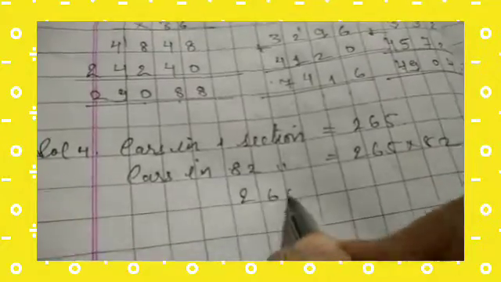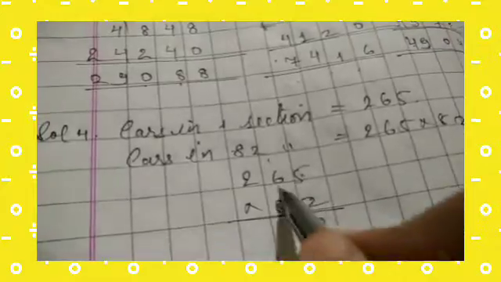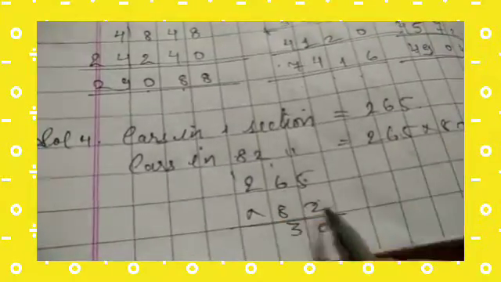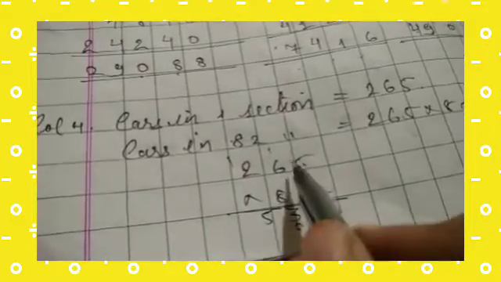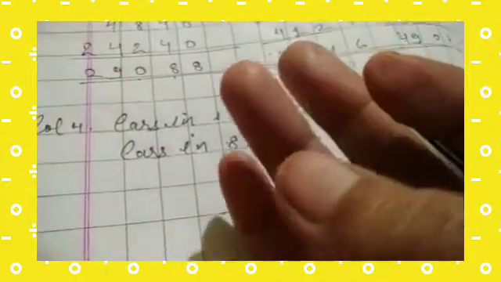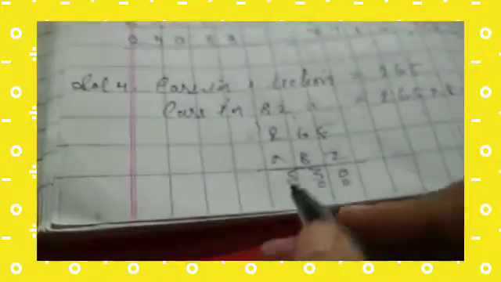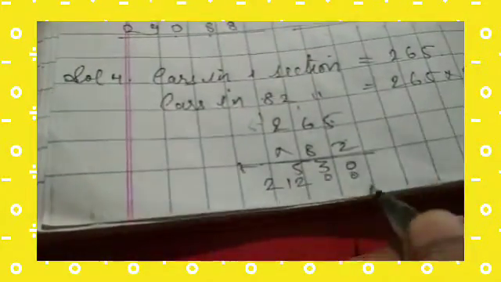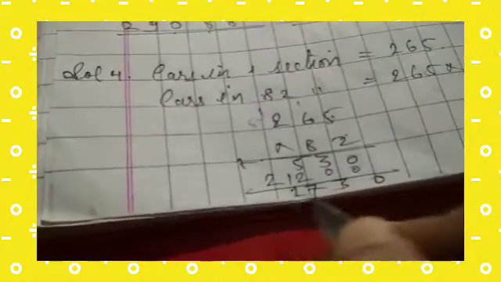So 265 into 82 is equals to 5 2s are 10, 0 carry 1, 6 2s are 12 and 1 13, 3 carry 1, 2 2s are 4 and 1 5. Now put a 0, 8 5s are 40, 0 carry 4, 8 6s are 48, 49, 50, 51, 52, 2 carry 5, 8 2s are 16, 17, 18, 19, 20, 21. So 21. Now add this up. 0, 3, 7, 1 and 2.